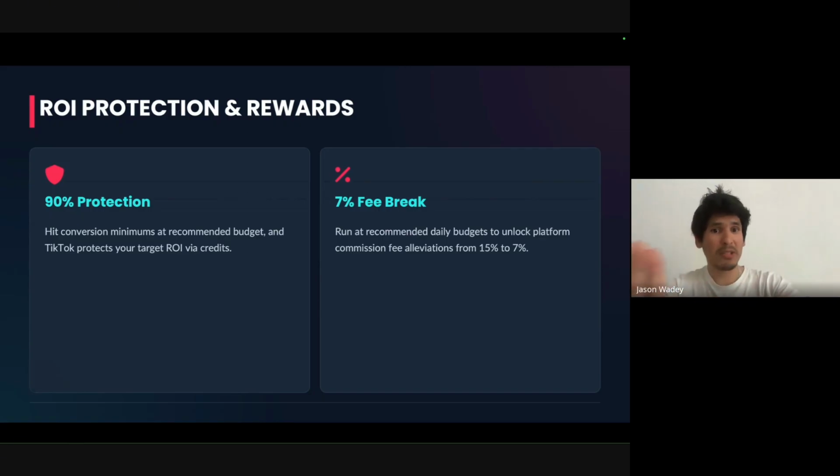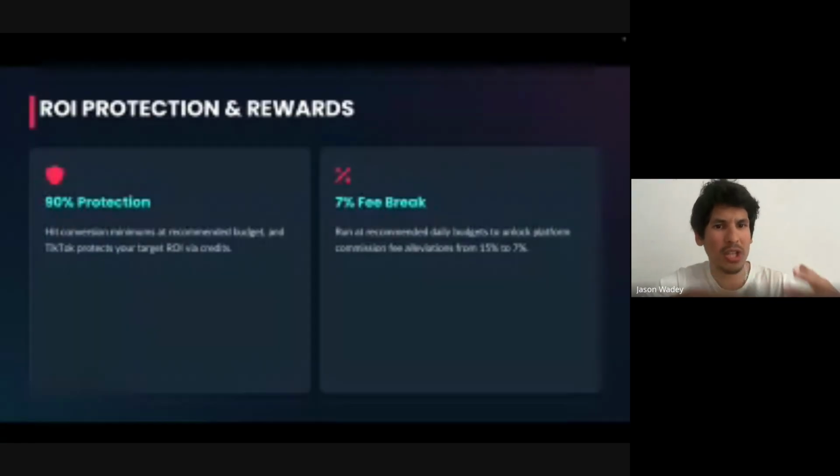Let's talk a bit more about the benefits, why this can actually be good, and the best way of going about running GMV Max. Aside from the video threshold that you should be aiming towards, one of the good things about running this as opposed to other ad strategies on TikTok is that TikTok can offer you a certain protection in terms of your ROAS, your ROI goals.